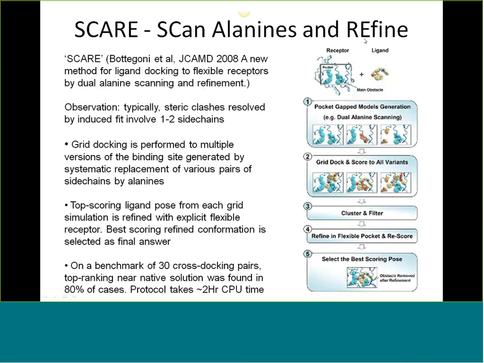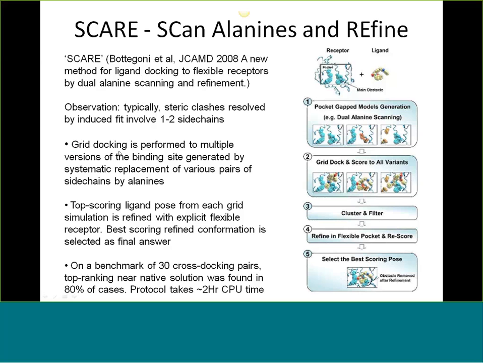You have multiple models, and you dock to each one using the 4D docking in ICM. The top scoring ligand pose from each grid simulation is then refined with explicit flexible receptor, and the best scoring refined conformation is selected as the final answer.